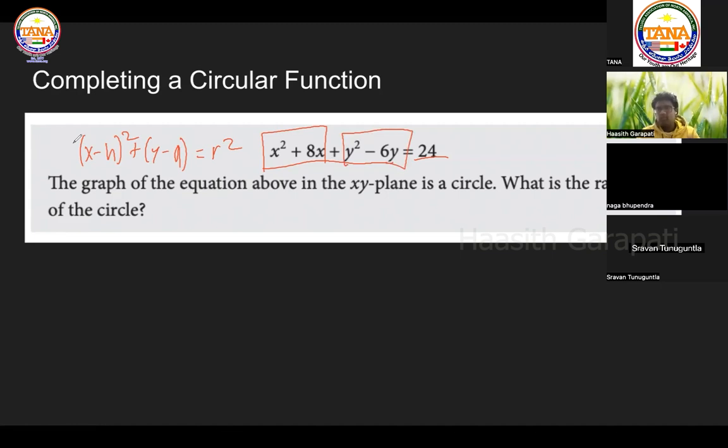Now, what does completing mean? The concept you need to understand is, if you have an equation like x plus y, actually, no, let me use a and b since that's a little bit easier. If you have a plus b squared, that is going to be equal to a squared plus 2ab plus b squared.